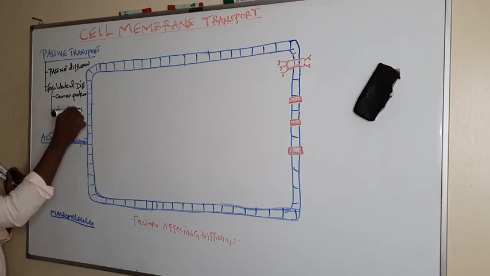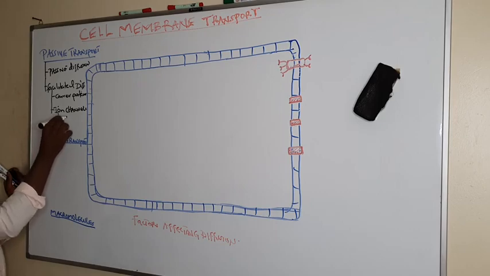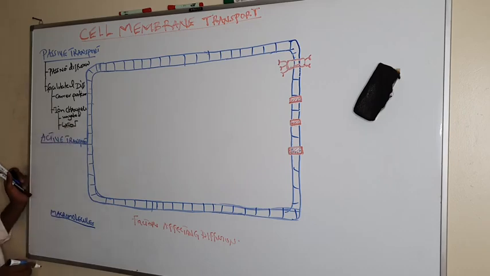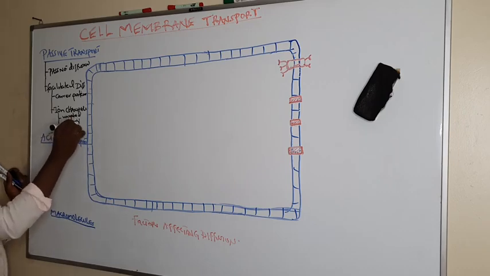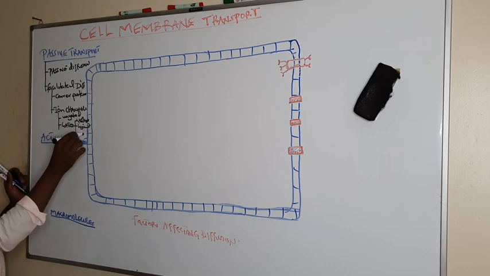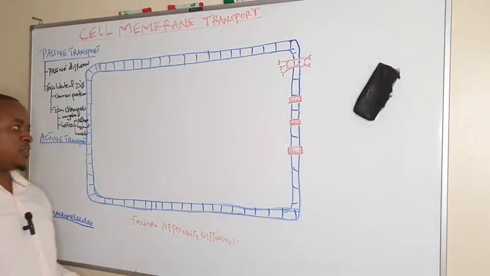Ion channels can either be ungated or gated. And among the gated ones, they can either be voltage gated, ligand gated, or mechanically gated ion channels.